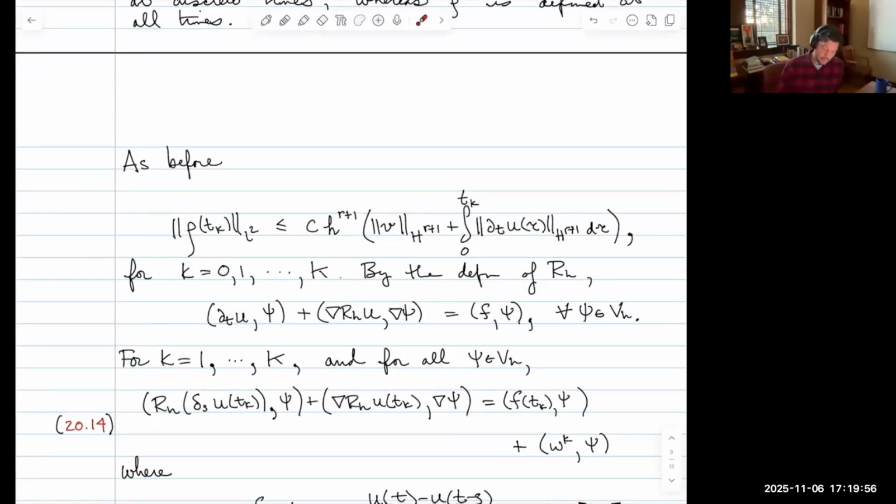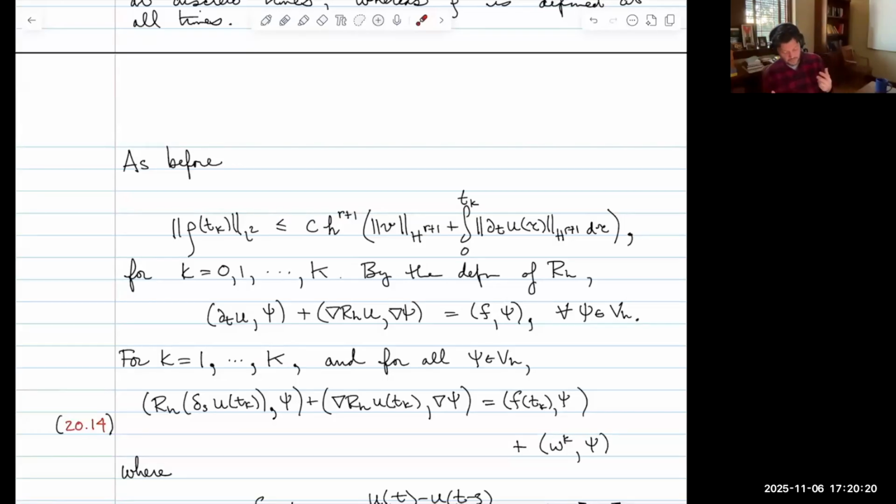As before, in the previous proof, we have a straightforward quick estimate for rho. We don't have to do anything about that. But what about theta? Again, we're going to have to devise an equation for theta and then analyze that equation separately.